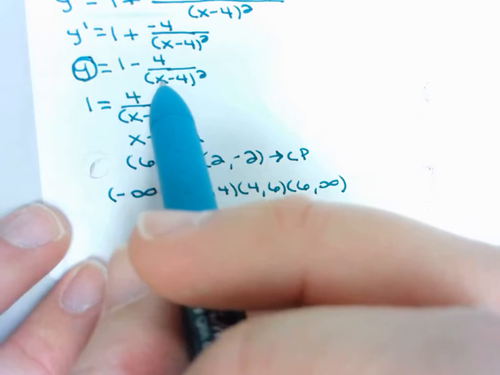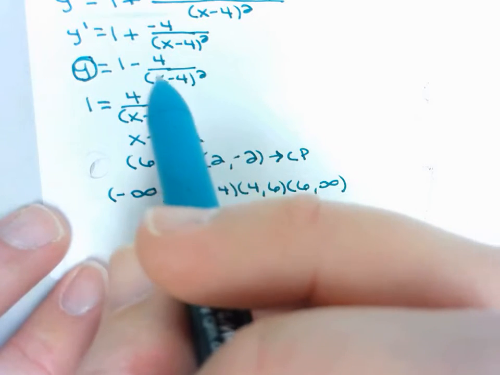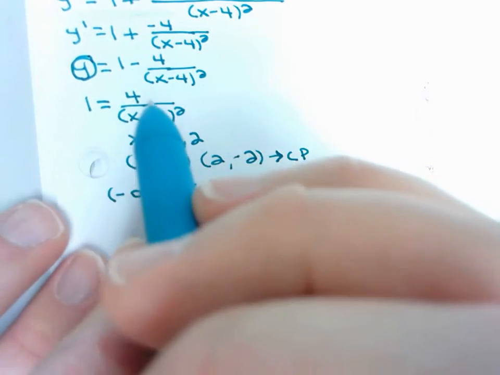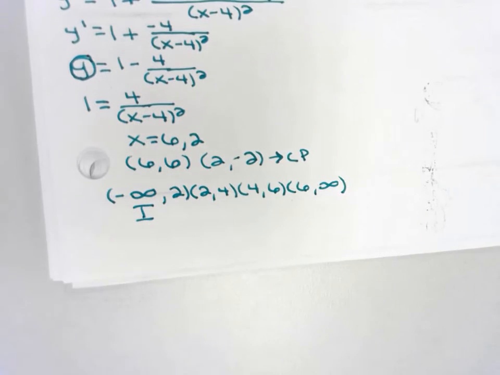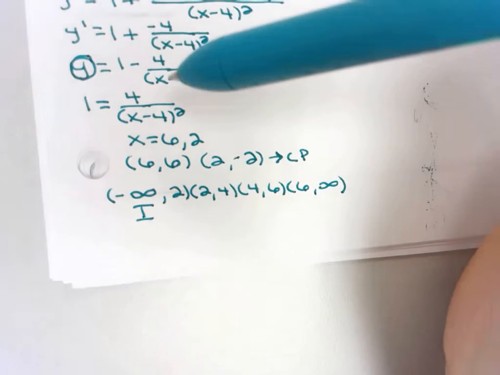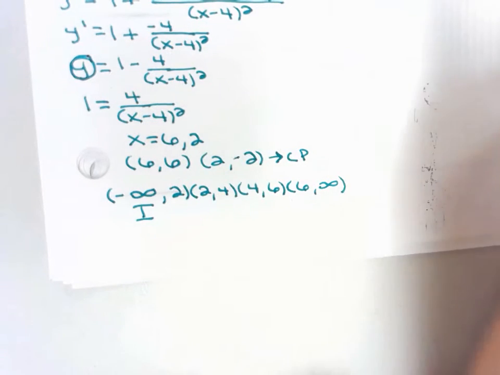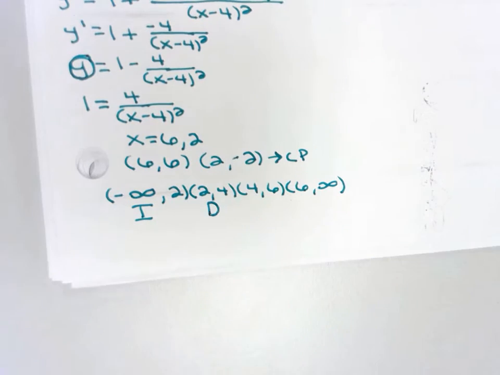If I plug in a 0, negative 4 squared is, so 1 minus 1/4 is a positive, so that is increasing. If I plug in a 3, 3 minus 4 is negative 1 squared, so negative 4 over 1. 1 minus 4 is negative, so decreasing.